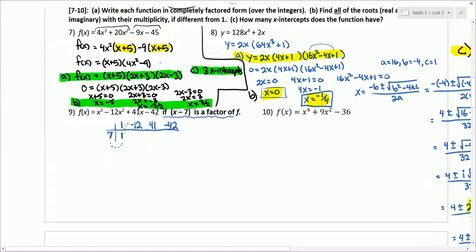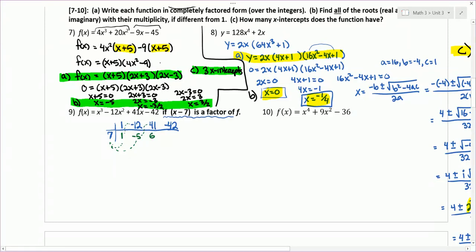Well, 7 minus 12 is negative 5. Write that result here. And do this again. 7 times negative 5, and add 41 to that product. Well, 7 times negative 5 is negative 35, and negative 35 plus 41 is positive 6.